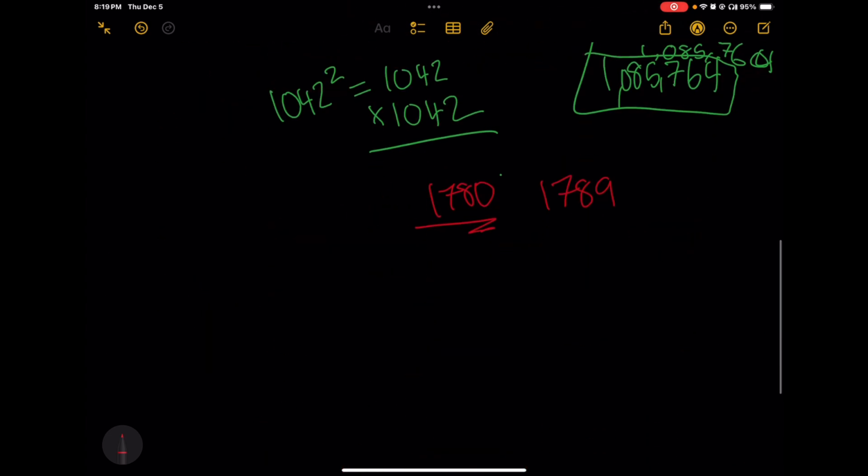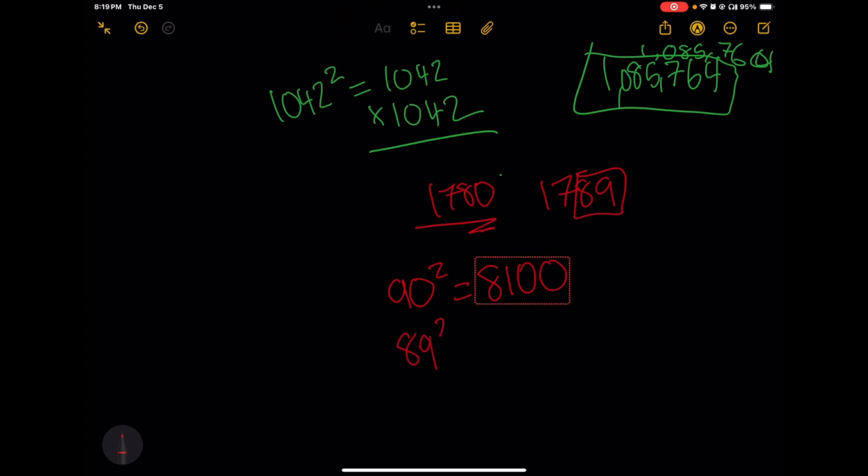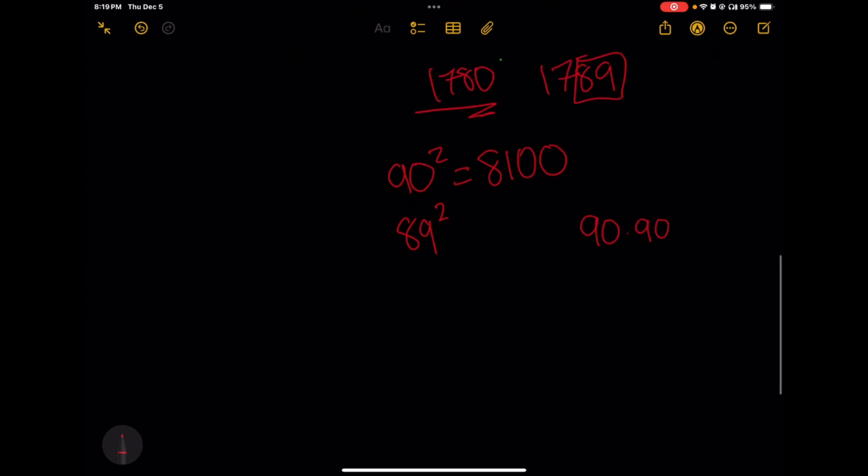But there's another way you can do it. Here I have 89, so I have technically 90 squared, which we know is 8,100. But we're trying to find 89 squared. So here's how it works. 90 times 90 is 8,100.